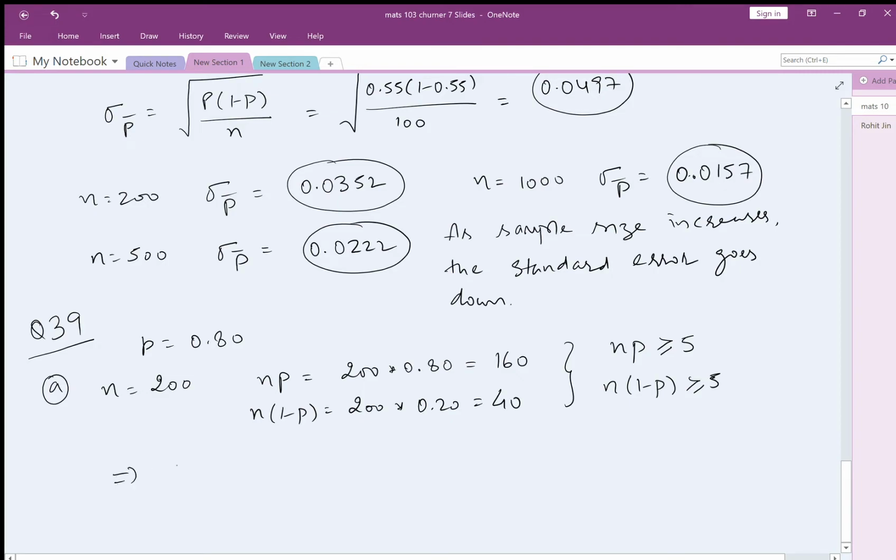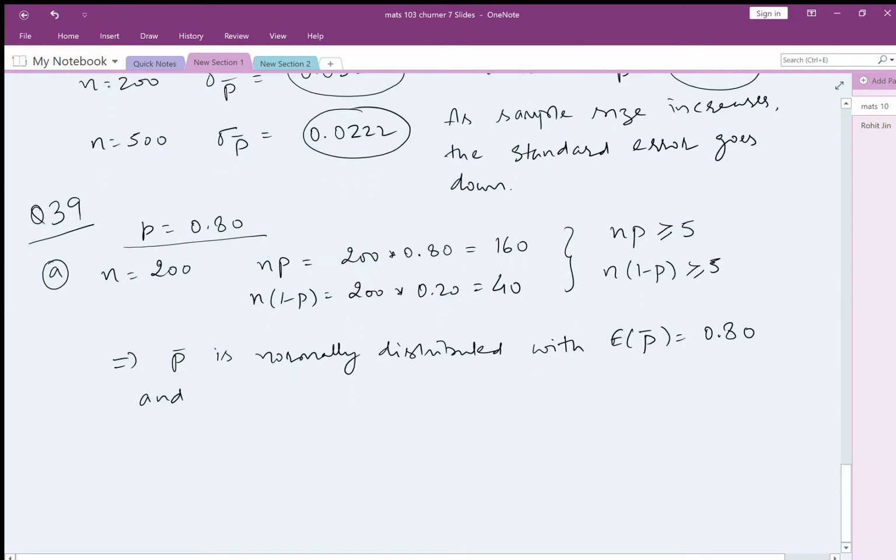So we can say P bar is normally distributed with expected value, or the average value, being 0.80, the same as is given here. And now let's find the standard error.